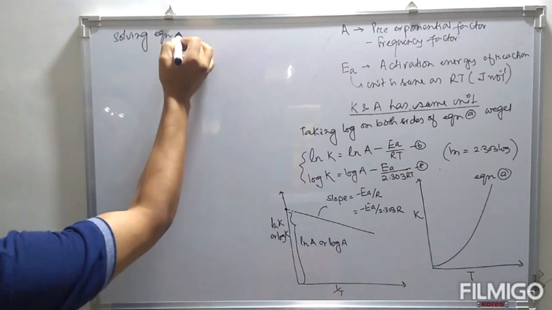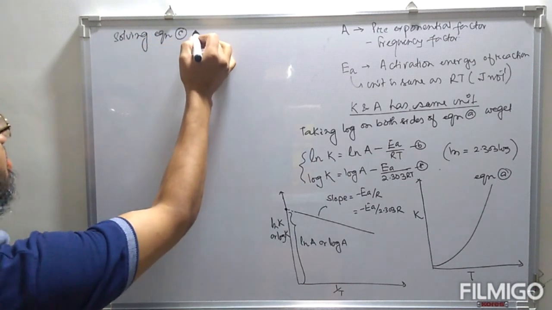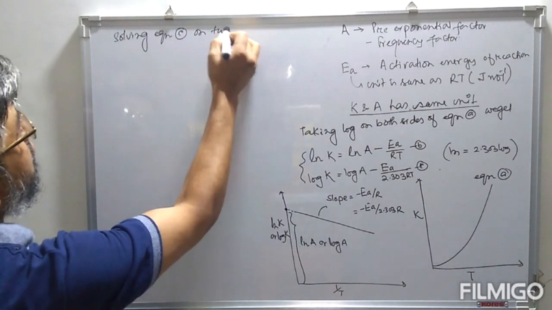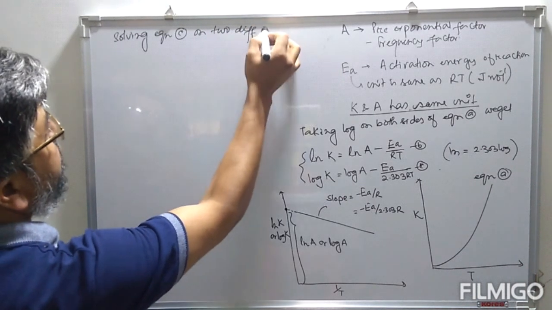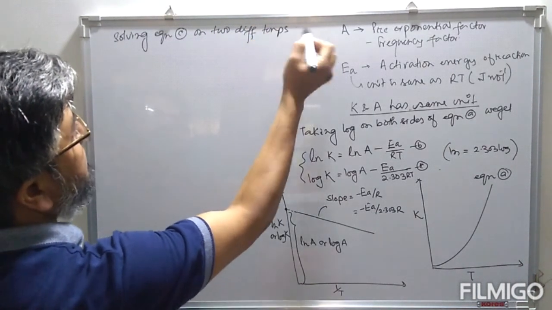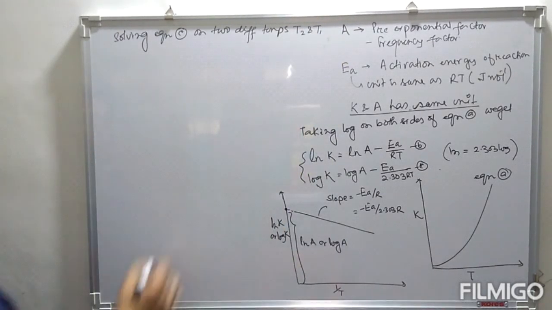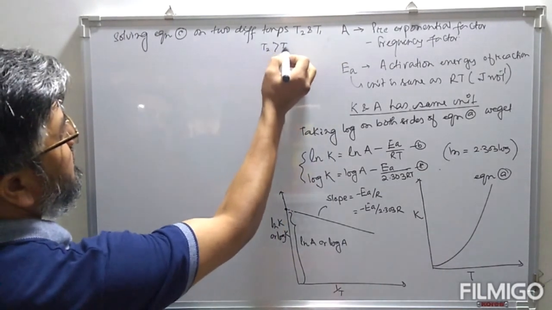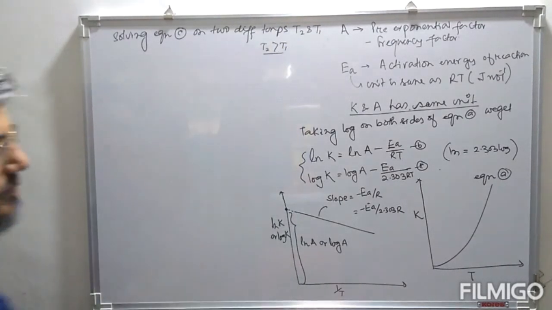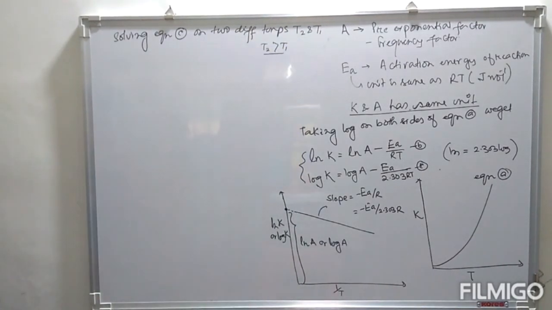Solving equation C on two different temperatures T2 and T1. We just assume T2 is greater than T1, that is, high temperature, and this is low temperature, which means we are increasing the temperature.